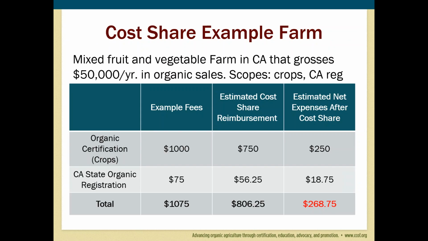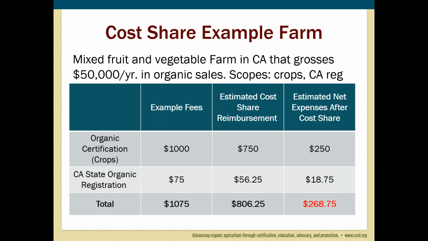Here's an example just to break the math down a little bit more. Let's say you run a mixed fruit and vegetable farm in California and you gross $50,000 a year in organic sales. You have two scopes that you're going to be eligible for: crop production and the California State Organic Registration. Keep in mind that all the numbers you see here on this slide are just examples for the purposes of breaking down the math.